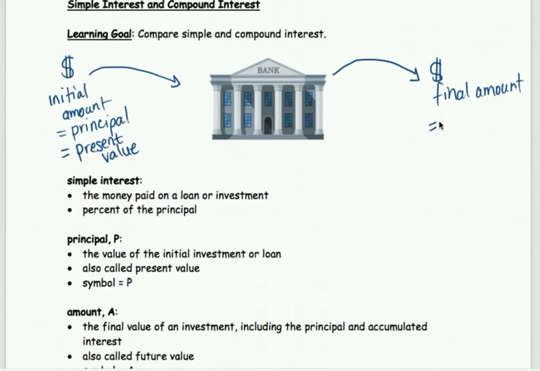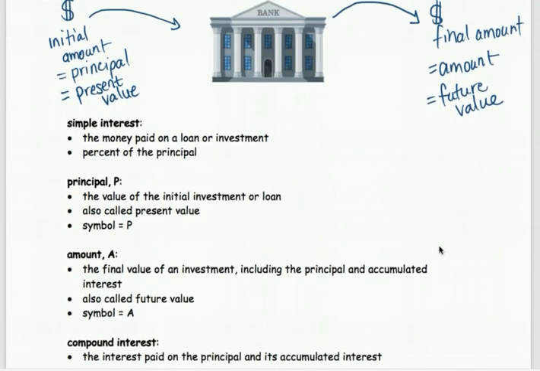I'll usually say amount, and this is future value. Future value just makes better sense as well, but usually they'll say amount. You're going to send your money into the bank, it's going to work for you, and then when you check on it later, it's how much you'll have in the future, if you leave your money in the bank.